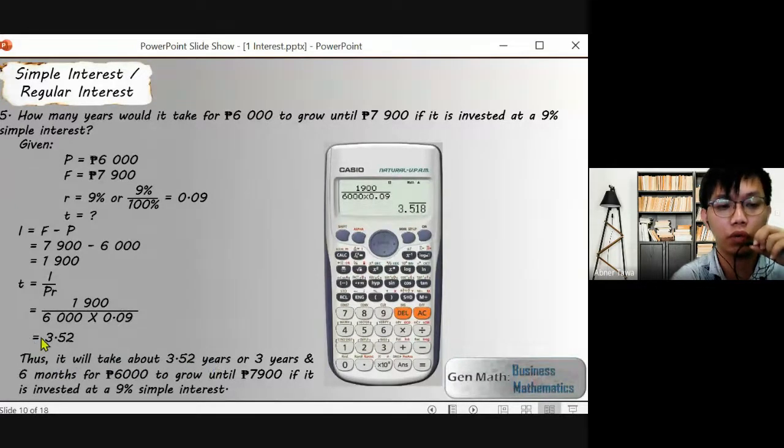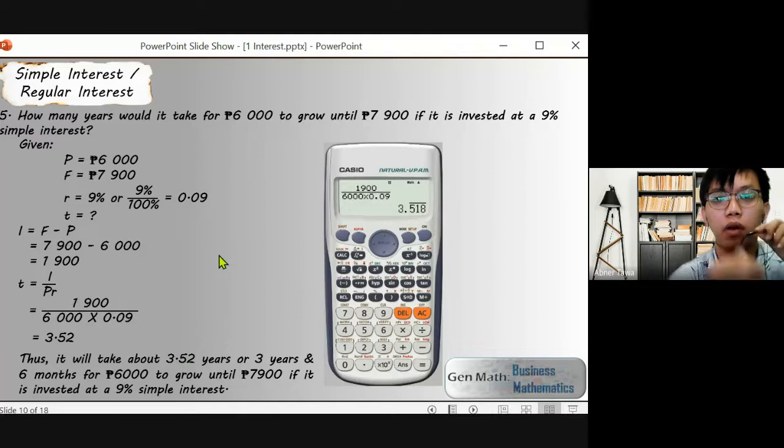And if you want to convert this into a more accurate value, 3.52 years is equivalent to approximately, so this is approximation only, 3 years and 6 months, for the 6,000 pesos to grow to 7,900 if the invested amount 6,000 is invested at the rate of 9% simple interest.